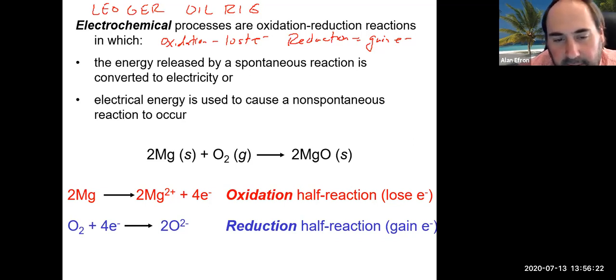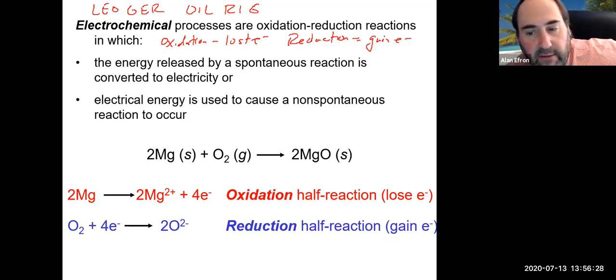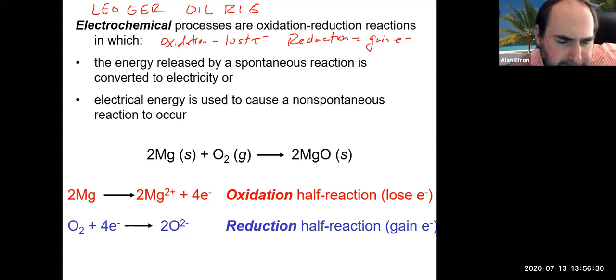Sometimes people get not 100% sure of what is being oxidized and what is being reduced. A really simple way to do that is to use a basic number line. On the right-hand side of 0 are typically positive numbers, and the left-hand side is negative numbers.